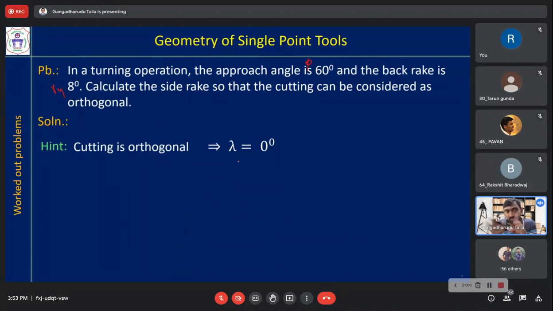Cutting is orthogonal, cutting tool is different. We are not talking about ORS system. Cutting process is orthogonal. What is orthogonal cutting we are going to see in the next chapter. But as of now, you remember that when lambda is 0, cutting becomes orthogonal. There is no inclination angle.